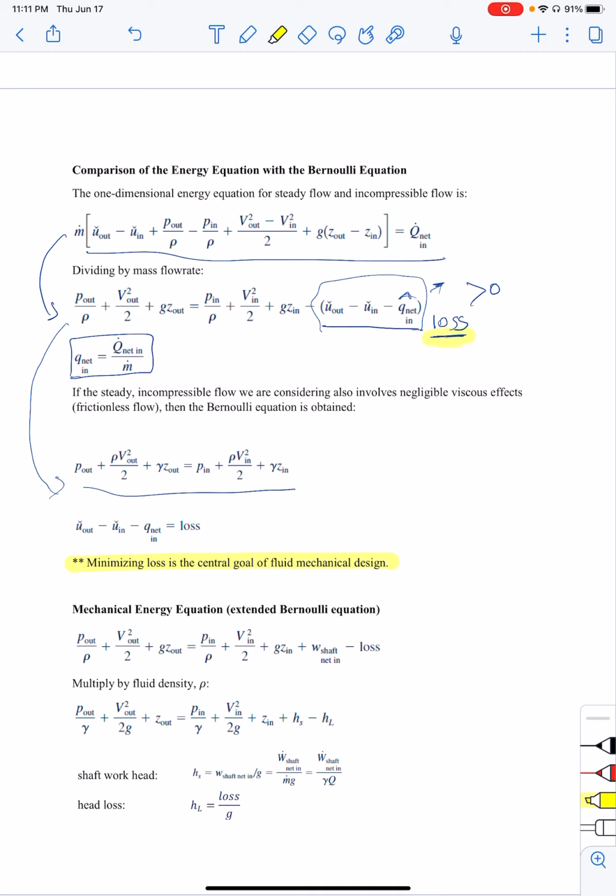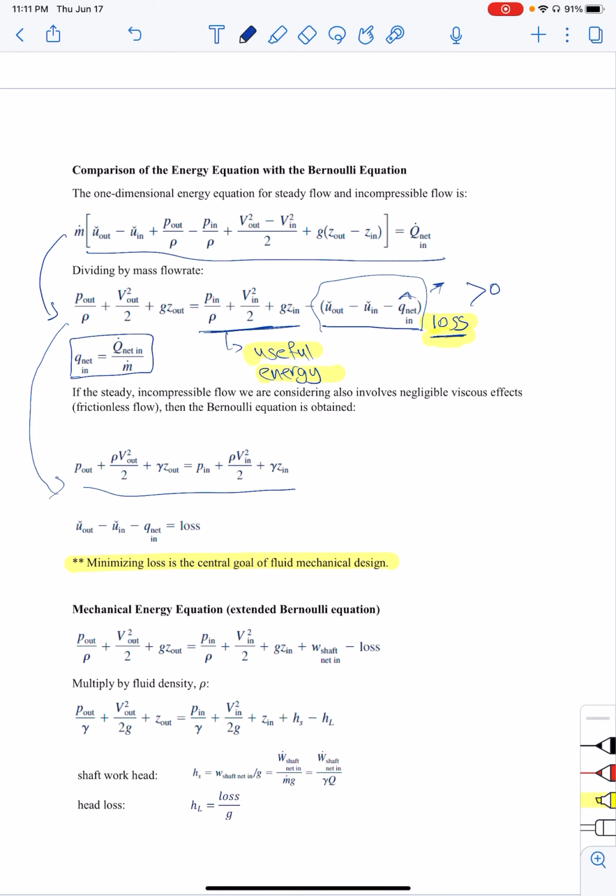So this term here is considered to be the useful energy. This is the useful energy, and this is the loss.